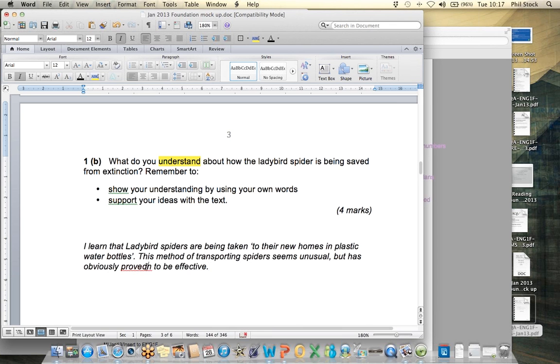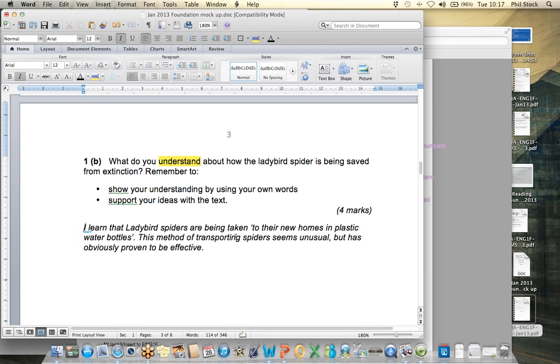Now that's really demonstrating that I've understood what I've read, because I've taken an idea from the text, I've given a quotation, and then this is the really all-important sentence here. I've explained it in a bit more detail. I've really shown my understanding by using my own words. Now, if you were to write two little tiny tabloid paragraphs like that, that should get you your 3, perhaps even 4 marks. And if you wrote 3 of those, then you would definitely get your 4 marks.